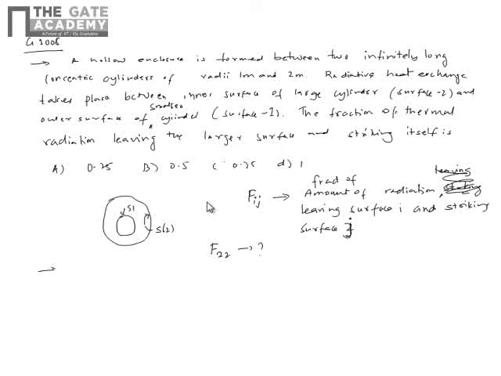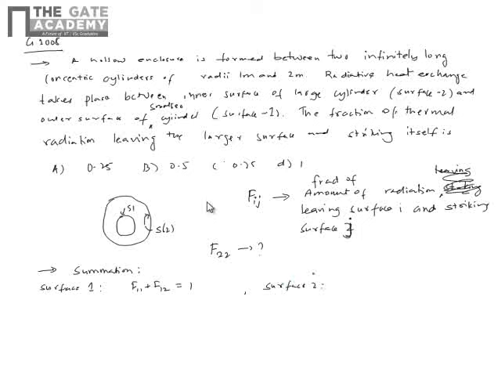First of all, you have something called the summation rule for each surface. For surface 1 it is F11 plus F12, the sum of the radiation that is striking itself plus striking the second surface. There are only 2 surfaces, so this has to be 1, and this can be written for surface 2 also.